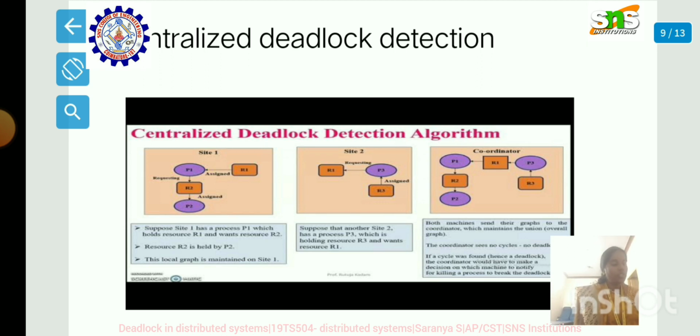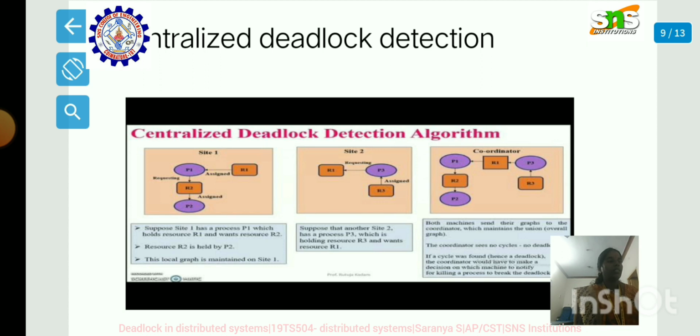The advantage of centralized deadlock detection is that detection is simple, and all information is gathered at one site. This permits the use of a relatively simple algorithm.